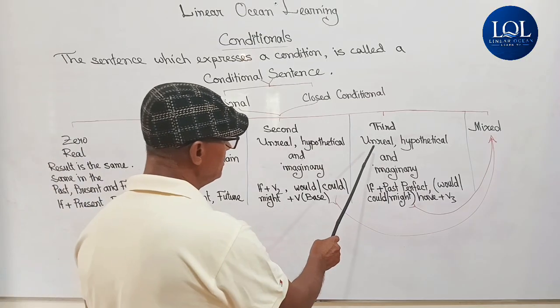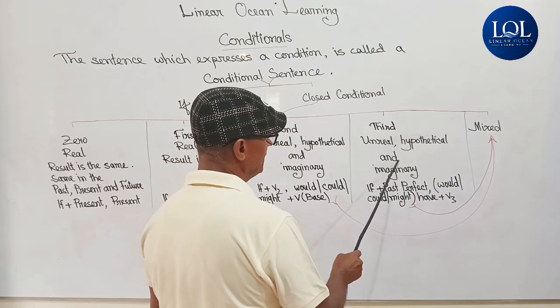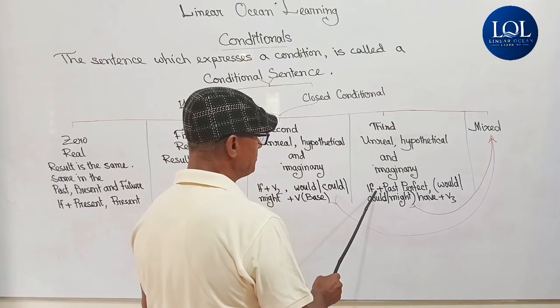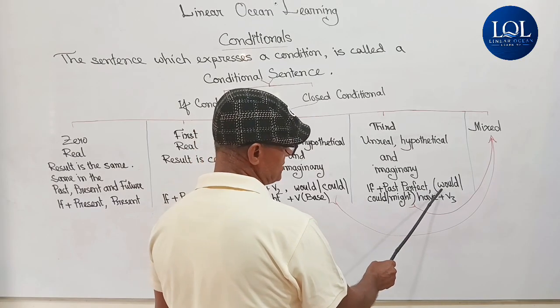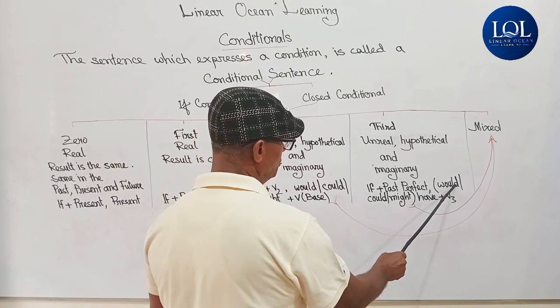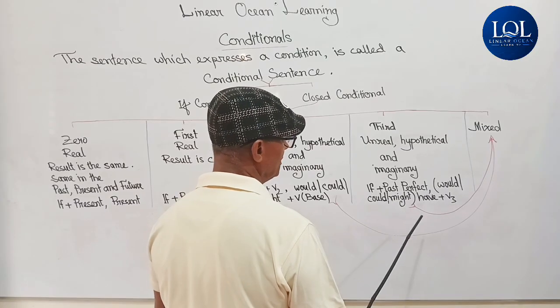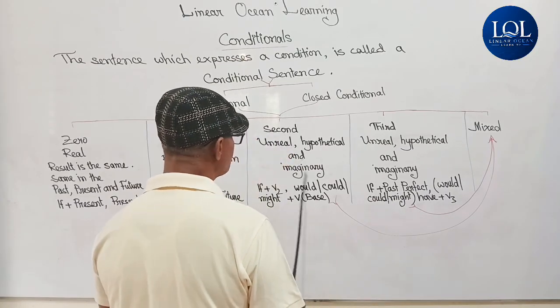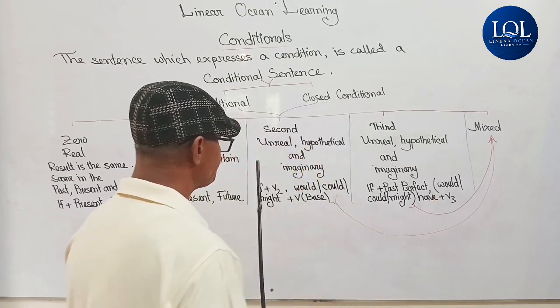Third conditional, unreal. This is too unreal, hypothetical, and imaginary. If plus past perfect, then the principal clause will be with would have, could have, might have plus V3. Then the mixture of second and third is the mixed conditional.